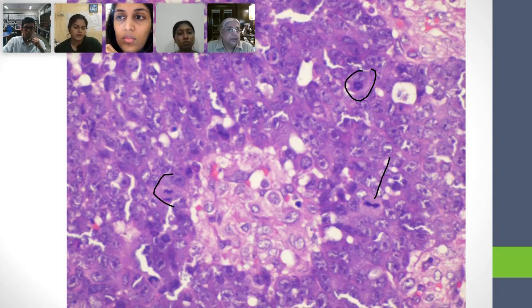But where is the nuclear membrane? Kshitija, mitosis takes place inside the nucleus, no? So where is the nuclear membrane in all of these things that I have drawn and you have drawn? Where is the nuclear membrane?